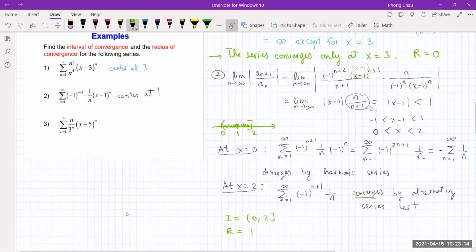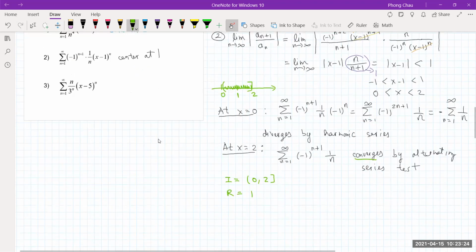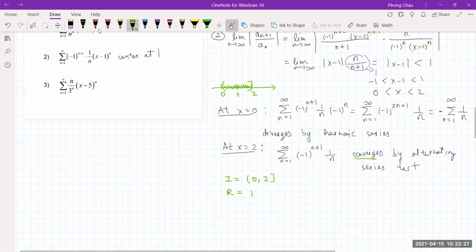And finally, for number 3, you have n over 3 to the n times x minus 5 to the nth power. Let's check that out. For this series, we're going to use the ratio test, a sub n plus 1 over a sub n, as n approaches infinity.